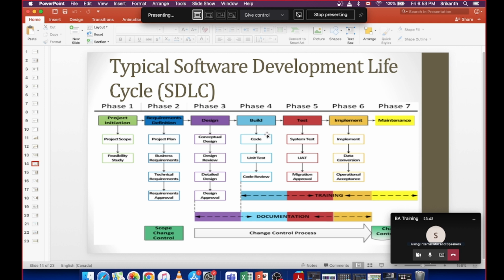Once the build is complete, they'll just jump onto the build and start their testing. So initially they will do the system testing. System testing is where they will test all the features and requirements documented as per the sign off document, and they will run each and every scenario, every requirement, and make sure that everything is working.